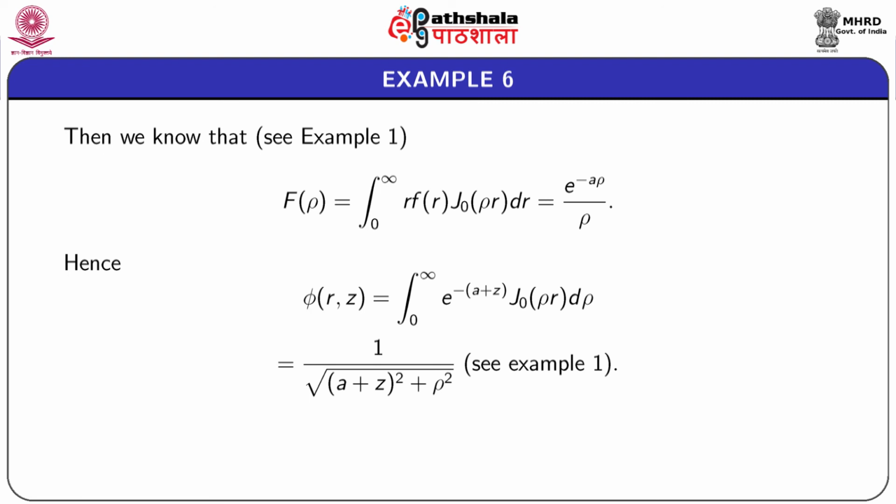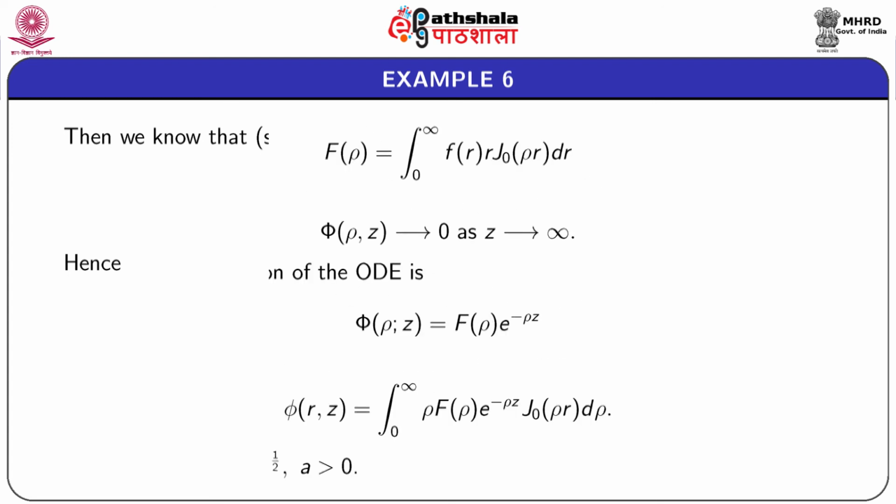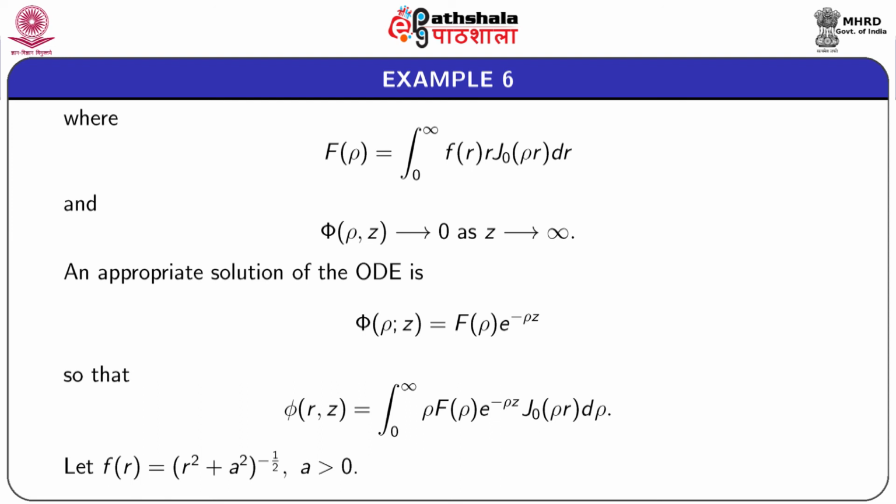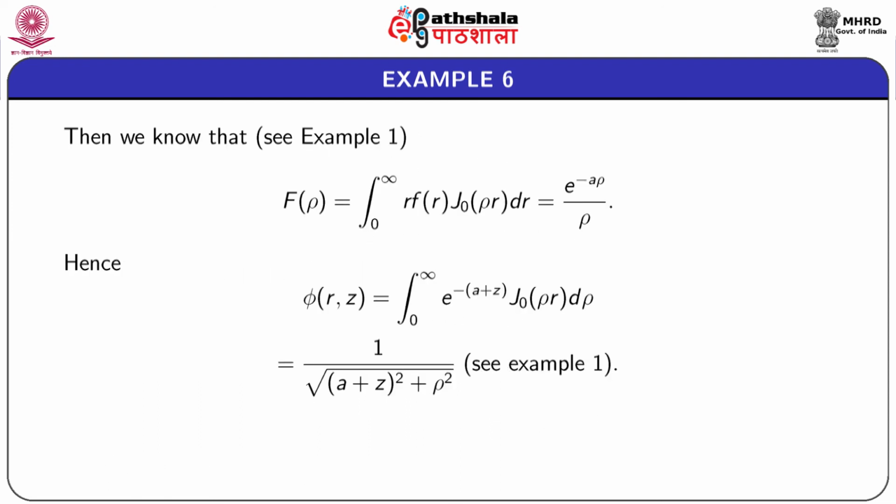So, capital F of rho is known then, and if we substitute capital F of rho here in the expression for small phi, then we obtain small phi of r, z as the integral from 0 to infinity of e to the power minus (a plus z) rho J naught rho r d rho, and that is equal to 1 by root over (a plus z) whole squared plus r squared, as seen from example 1.